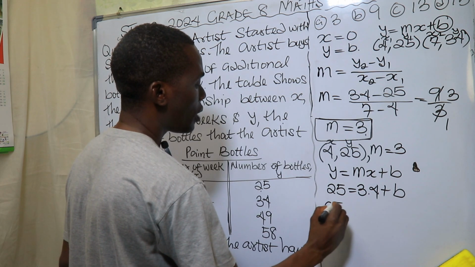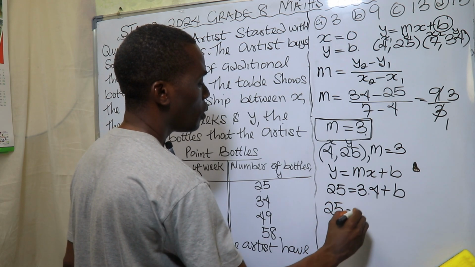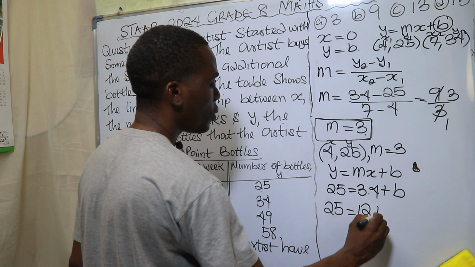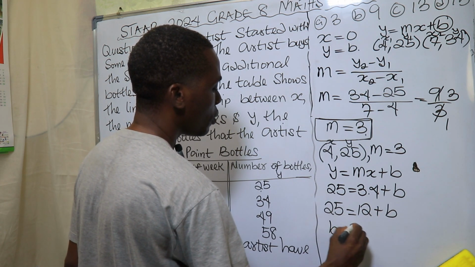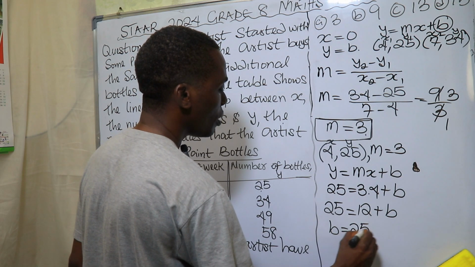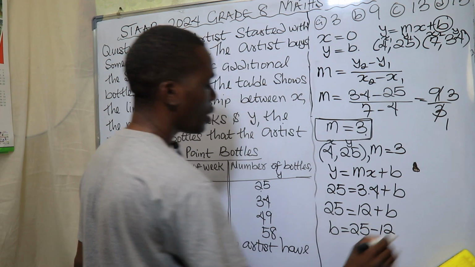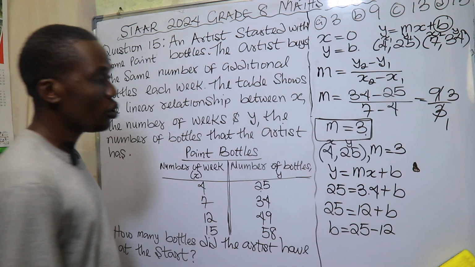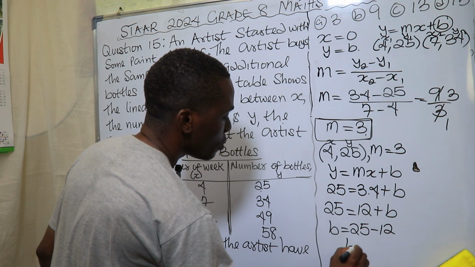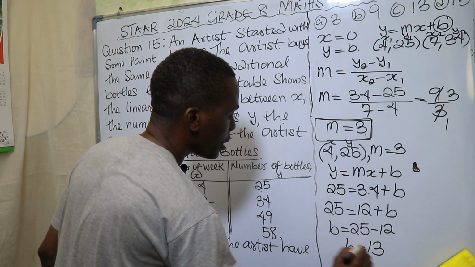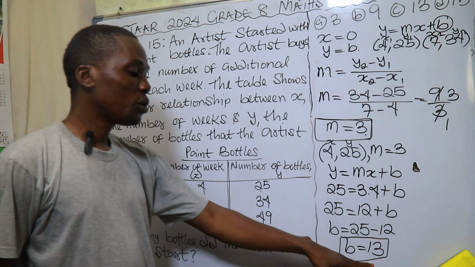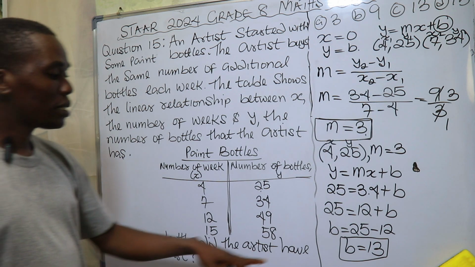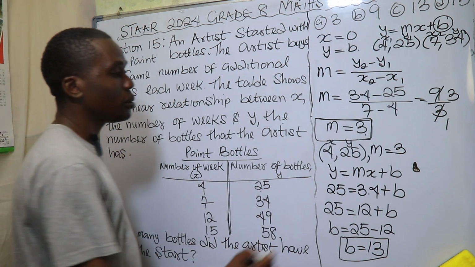This gives us 25 equal to 12 plus b. Then the value of b will be equal to 25 minus 12, which makes b equal to 13. So the number of bottles the artist had at the start is 13 bottles.